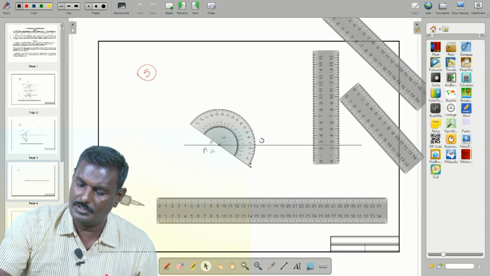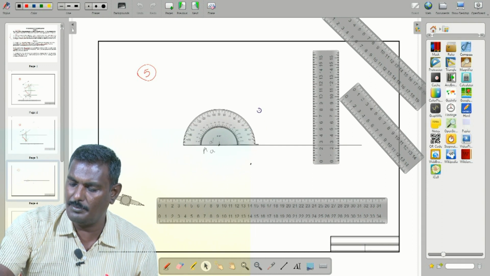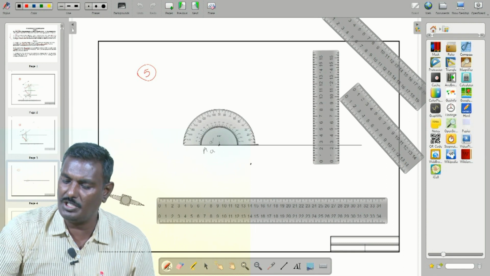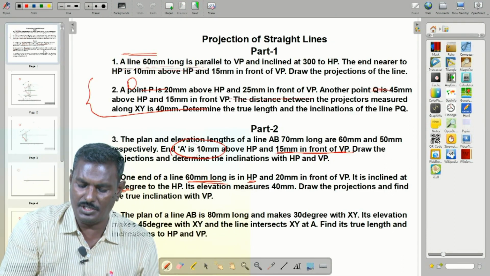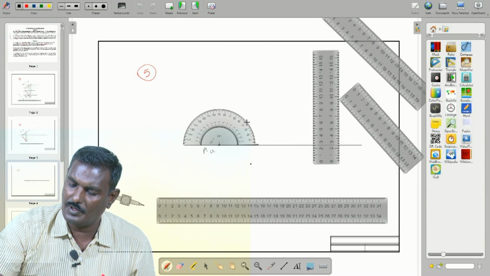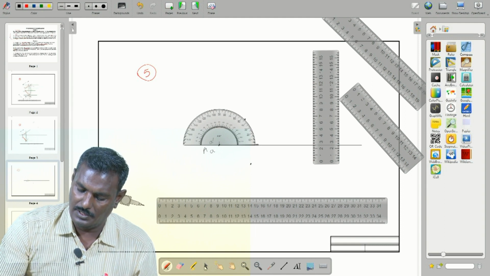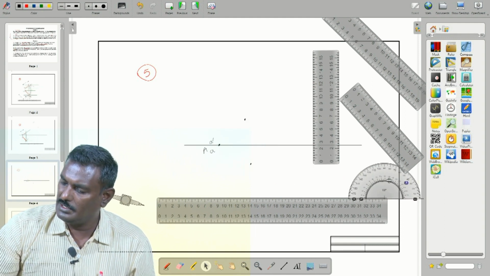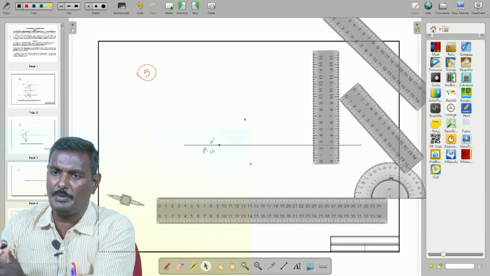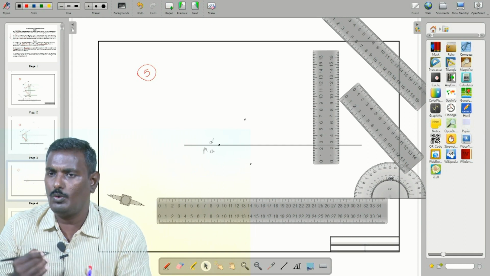So, rotate at the same point and measure 45 degree. After measuring, this protractor is done, then replace it or move it away from the working area.